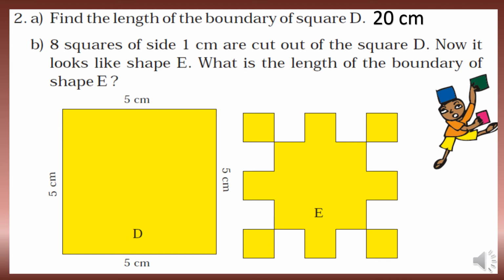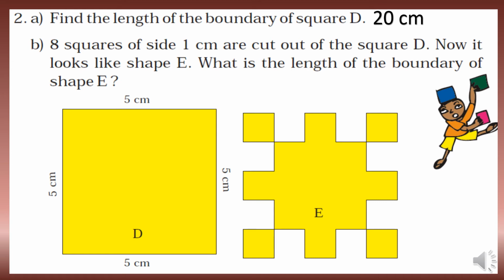So question number B, 8 squares of side 1 centimeter are cut off the square D. Now it looks like shape E. What is the length of the boundary of shape E?